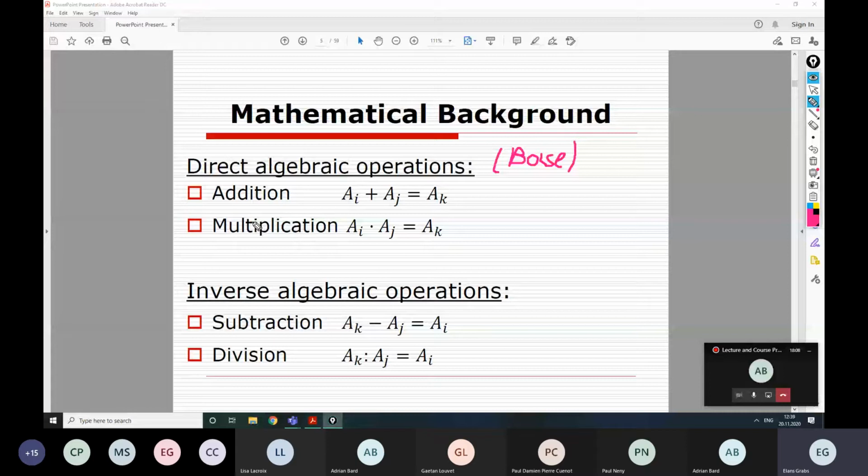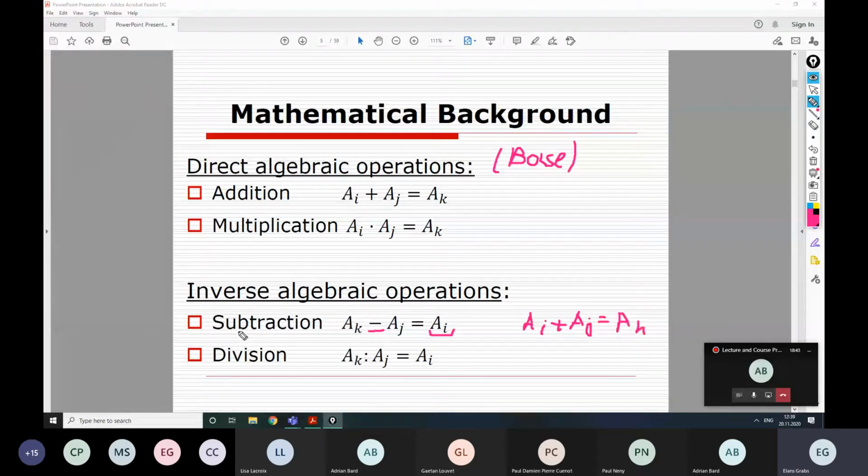The inverse algebraic operations are defined by using the direct operations. For example, if we remember how in school we were taught what subtraction is: subtracting numbers means to find such a number a_i so that adding it to a_j, resorting to the addition operation to check this, would give us a_k.